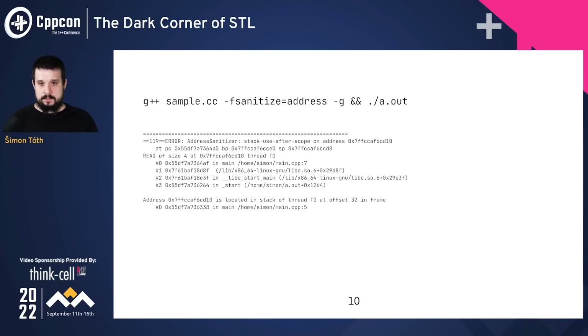And the only way I was able to trigger some sort of error on this particular issue is if you use address sanitizer, and then at least you get the line numbers if you have debug information. However, remember that address sanitizer is a runtime check. So this means that you actually need to exercise this code to see the error.